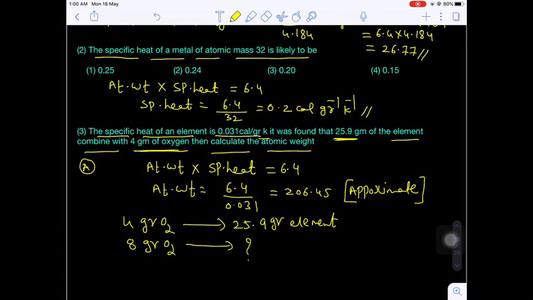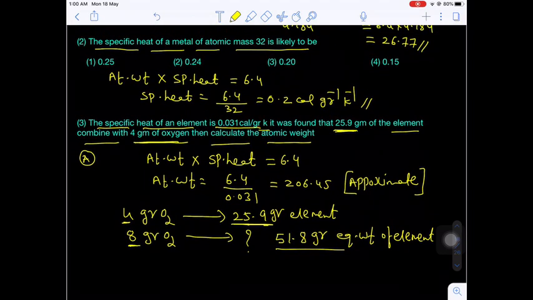That will be its equivalent weight, so that will be 51.8 grams. This will be the equivalent weight of the element. Once again, here oxygen is the reference element. So 4 grams of oxygen will combine with 25.9 grams of element, so 8 grams of oxygen will combine with how many grams of element? By the unitary method, this weight will be the equivalent weight of the element. Once we know the equivalent weight, we can find the valency.